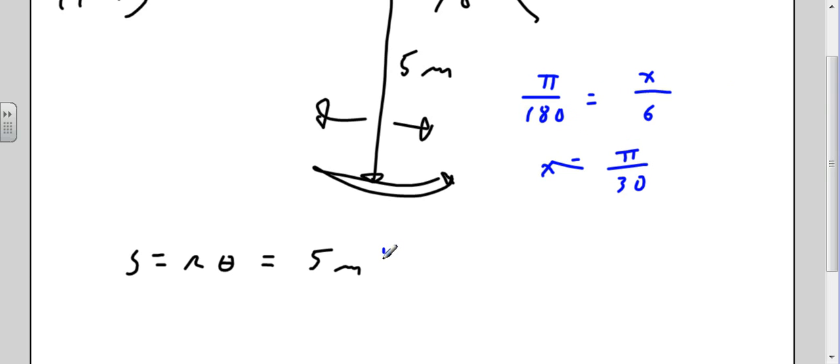So pi divided by 30 will be my radians. And now times 5, that's pi over 6 meters. That's not really what we want. Pi divided by 6, and we want 3 significant digits, so we change it to 0.524.